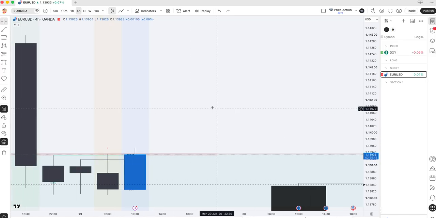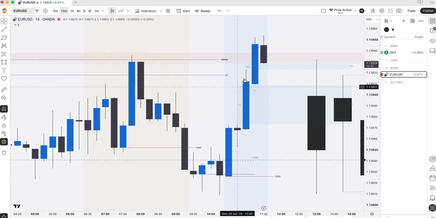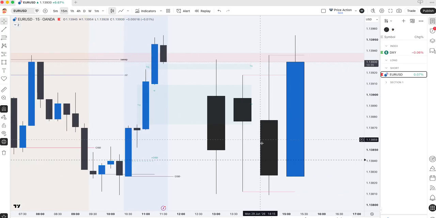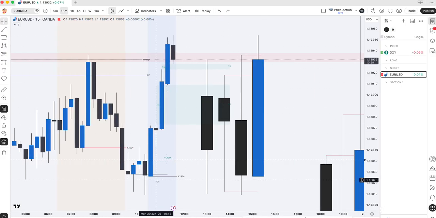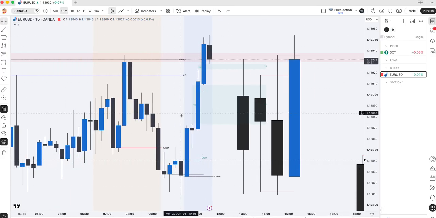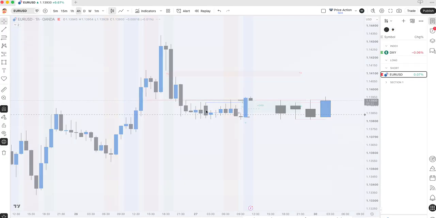So for now, I will wait for this 4-hour candle to close. I'll see how it closes from this FVG. And then if I get enough bearish momentum, I can look to sell again. But for this candle, the momentum has shifted from bearish to bullish. So let's see how it goes.